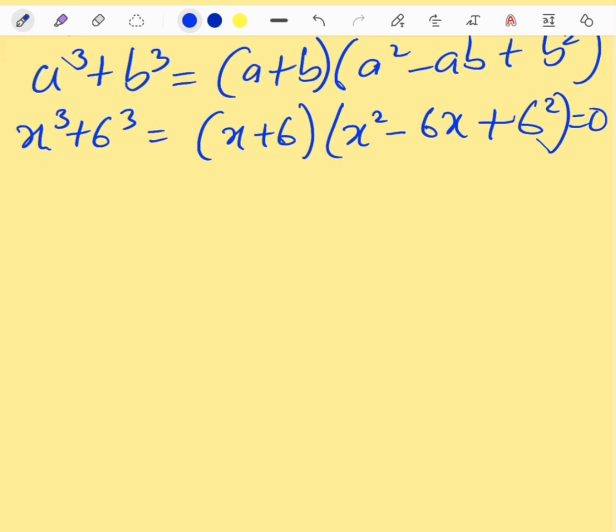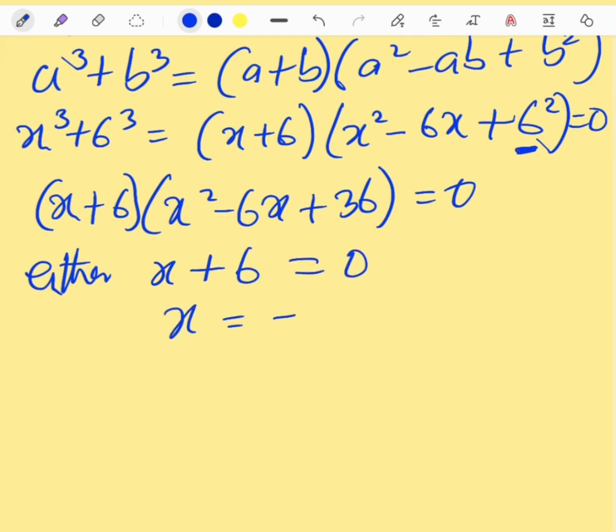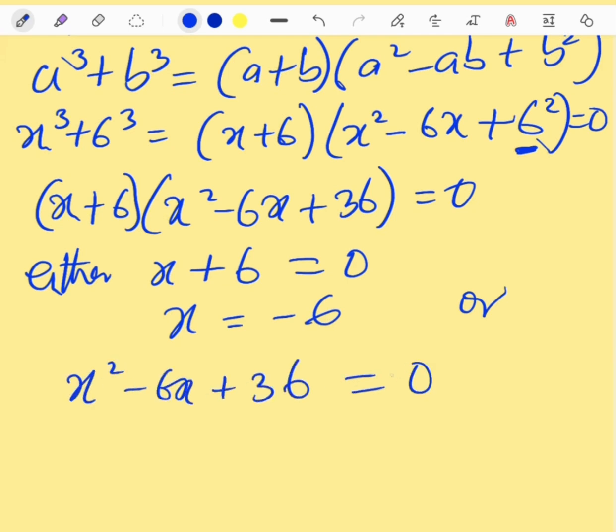So we have x plus 6 into x squared minus 6x plus 36, everything equal to 0. So either x plus 6 is equal to 0, so x is minus 6, or x squared minus 6x plus 36 is equal to 0.